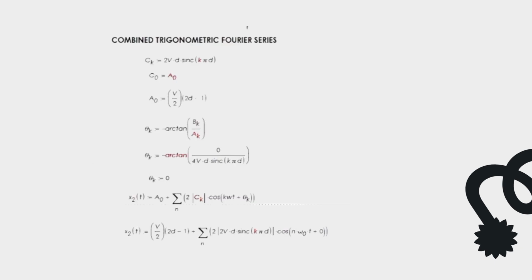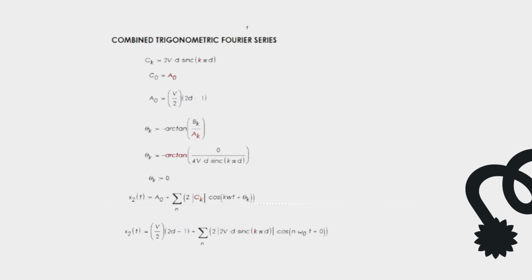And for the combined trigonometric Fourier series, c sub k is equal to 2B times the sinc k pi D. So c naught is equal to a naught. A naught is equal to B over 2 times 2D minus 1. So theta k is equal to negative arctan b sub k over a sub k.